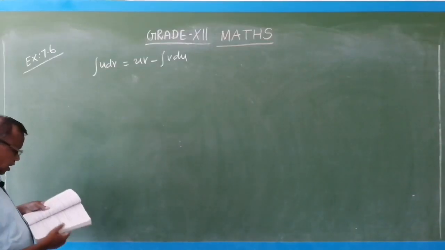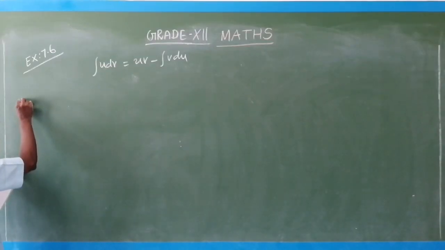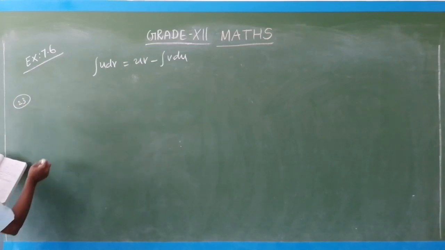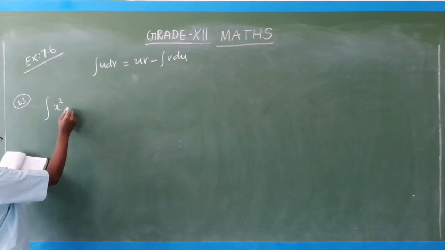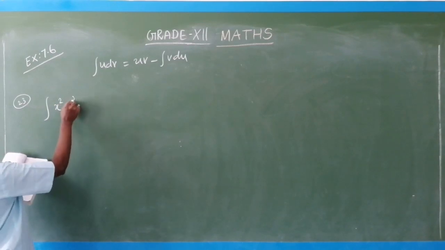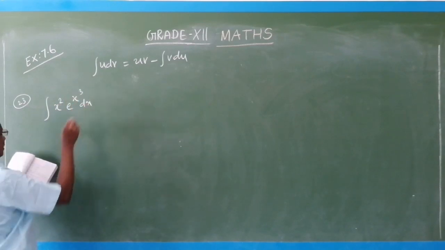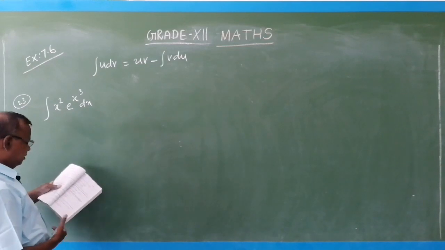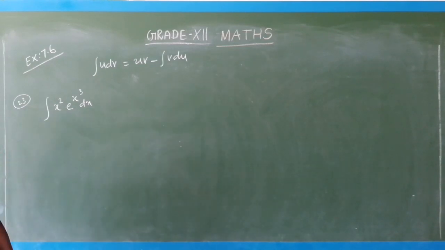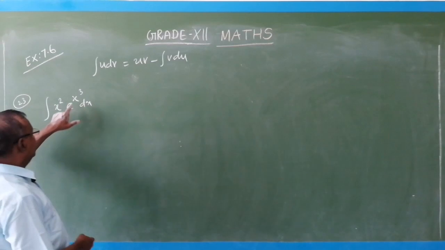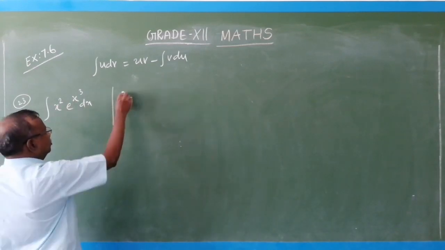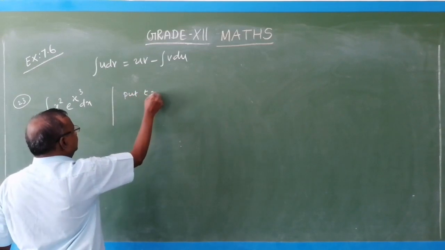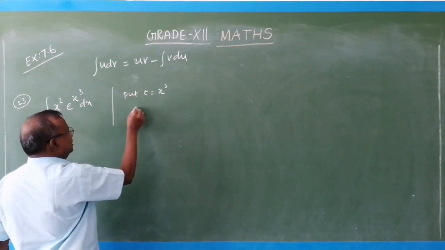Next, questions number 23 and 24 are objective type questions. Consider 23, that is integral x square into e power x cube into dx. Here the derivative of x cube is proportional to x square. So, put t equal to x cube.